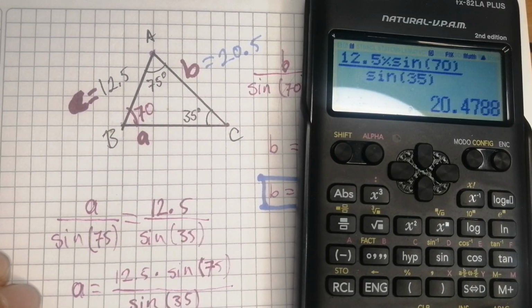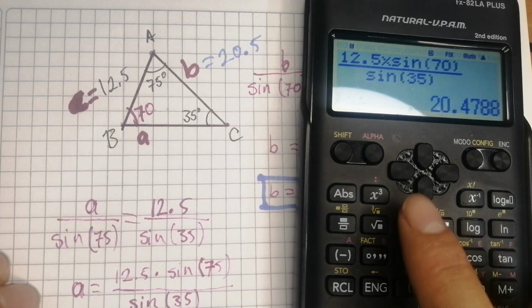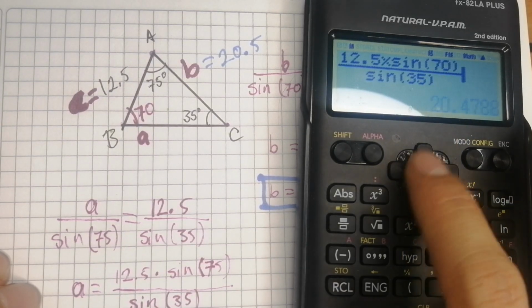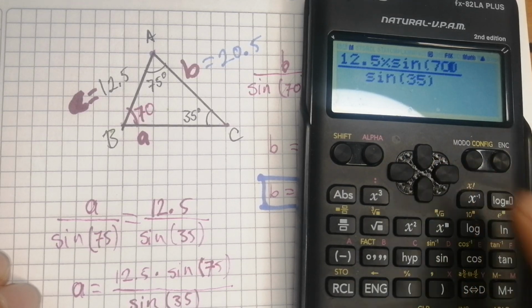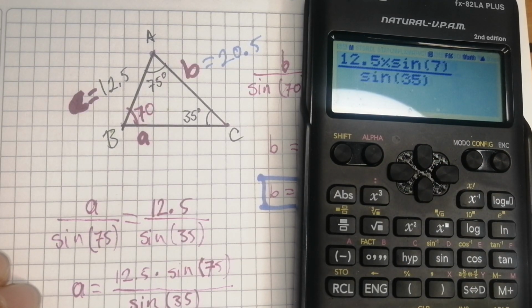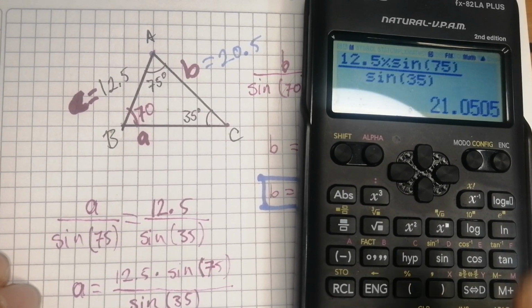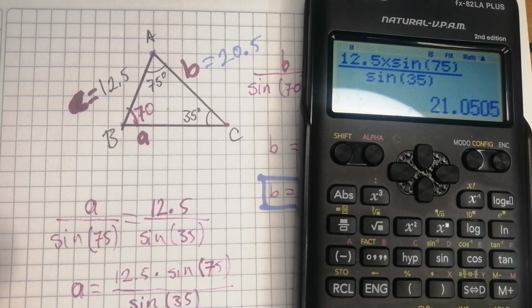Calculator, and we have the following. Actually, I am going to use the same formula that I was using for the previous calculation. I am just changing the 70 to the 75, which is the value of the angle that I am using now, and I got 21.05. Let's say it was a 21.